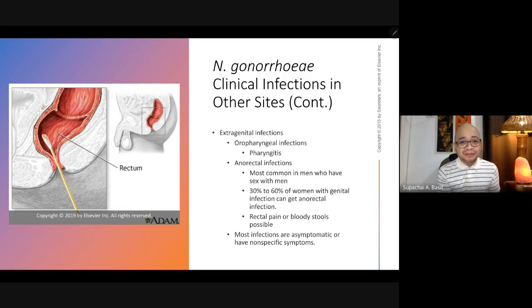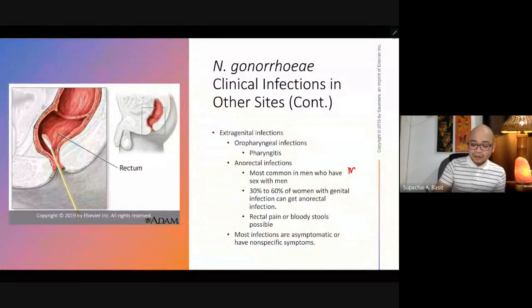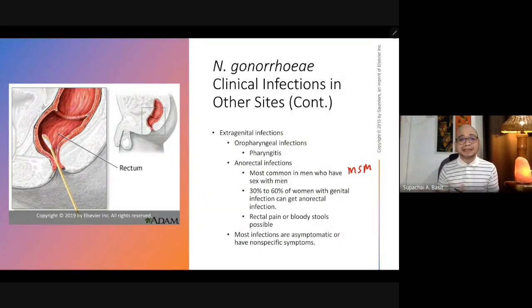It's also common for people with gonorrhea to have anorectal infections, meaning the anal canal is affected if a person is involved with MSM, men having sex with men, particularly if the intercourse was unprotected, meaning without any condom at all. Now, women can also get anorectal infection because of the proximity of the anus to the vaginal opening.